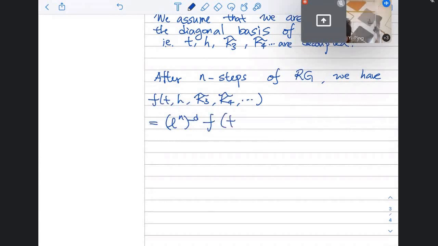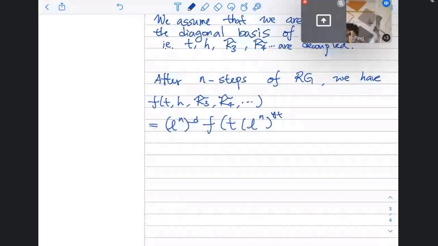And now we will have t times L to the n yt. This is because, by definition, the solution for lambda_L is L to the power of yt, and when we perform this transformation n times, we get this factor.